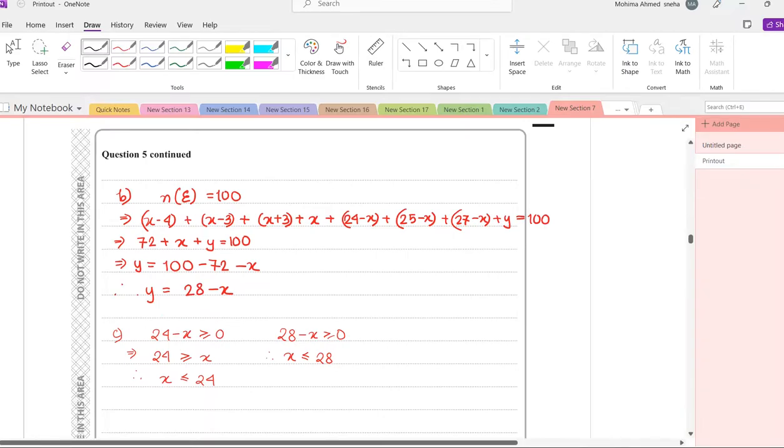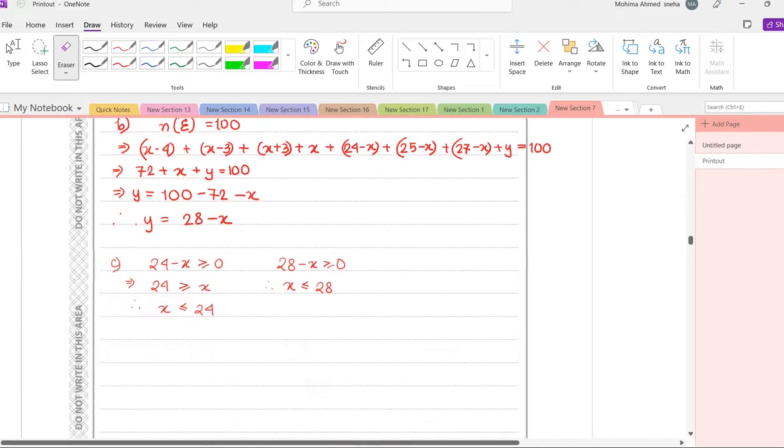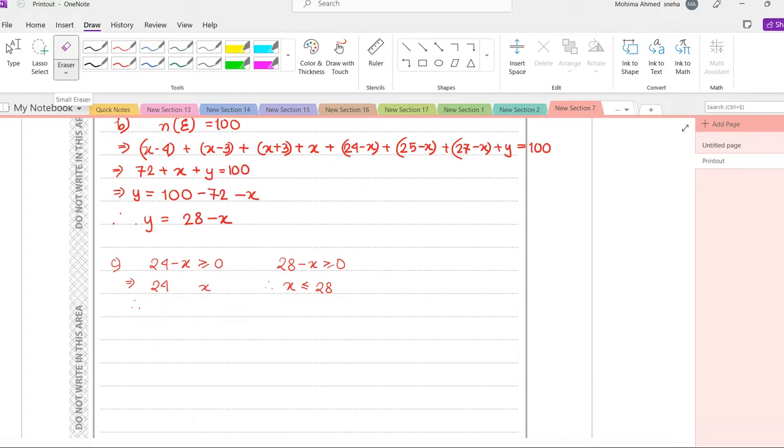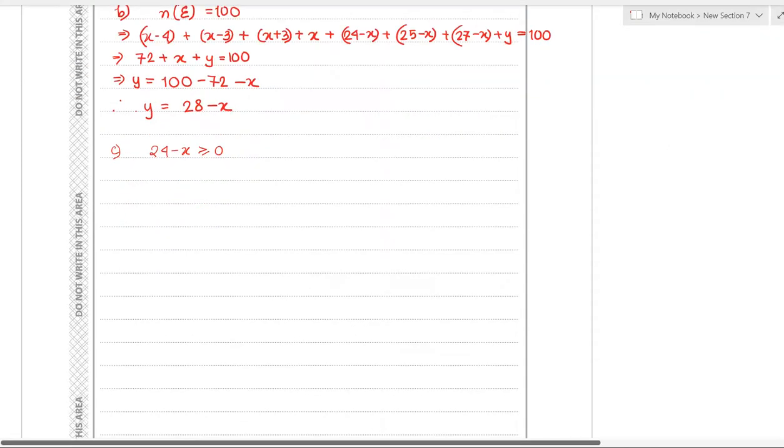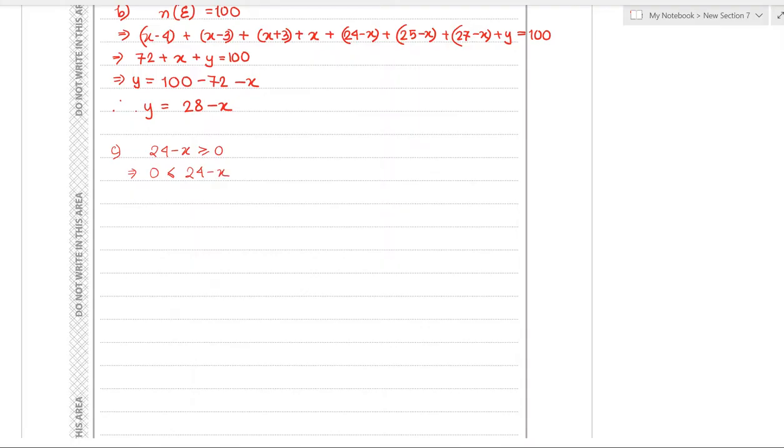Maybe I made a mistake. Let me first flip the entire thing, so it would look like 0 is less than or equal to 24 minus x.